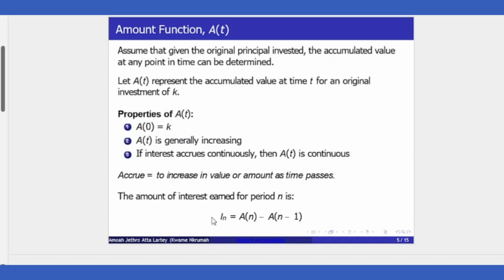What's the amount of interest earned? The amount of interest earned is the accumulated value, which is 120, minus the 100 cedis you were holding, so minus the previous year's investment. So that's how to determine the amount of interest.